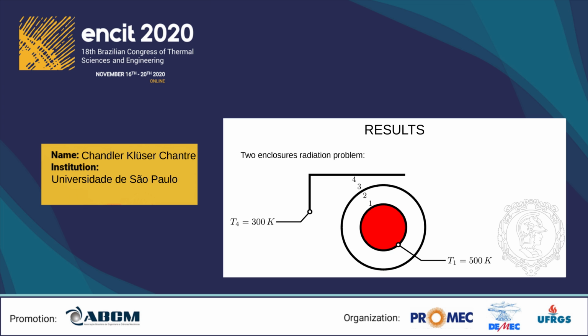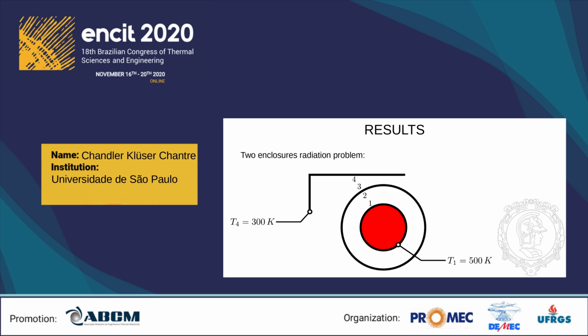Now that we presented an example of a one-enclosure problem, this second one will present a 2-enclosure radiative system. To keep the problem simpler, it does not have nonlinear loads, although it could.